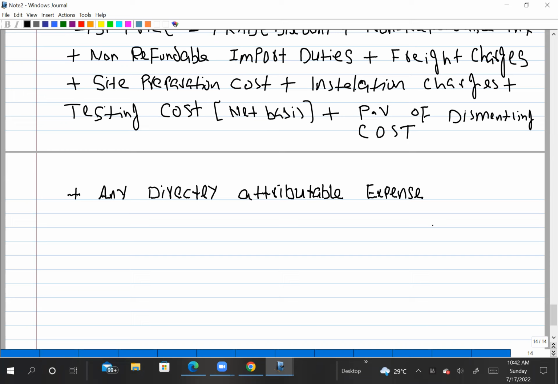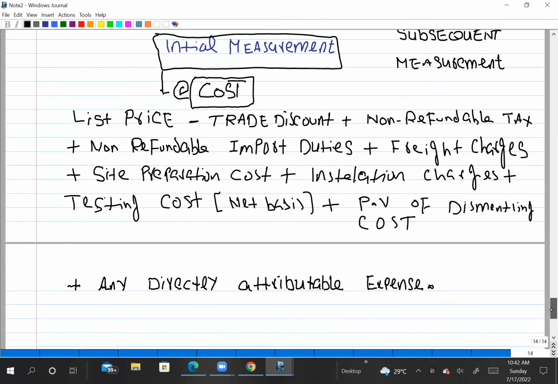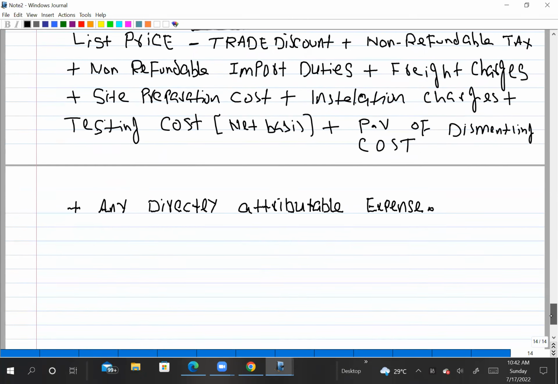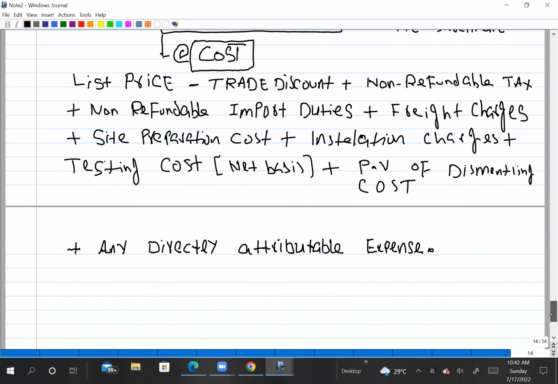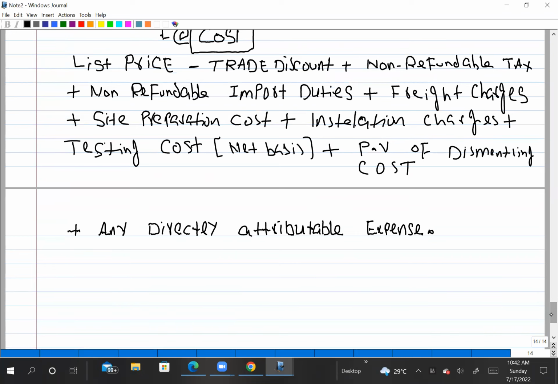Any directly attributable expense which is necessary to bring the asset into intended use will be capitalized as part of the initial cost of the asset. These are the same elements which you might have studied at your basic level.